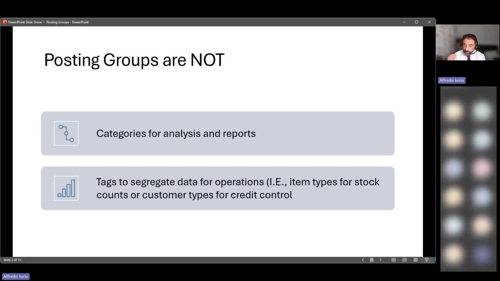So the data that we use in Cronus when we train, and I use Cronus every day because I want to learn something new, for example, or set up a sandbox for my client, is misleading. So posting groups are not categories for analysis and reports, and not tags for operations or credit control.